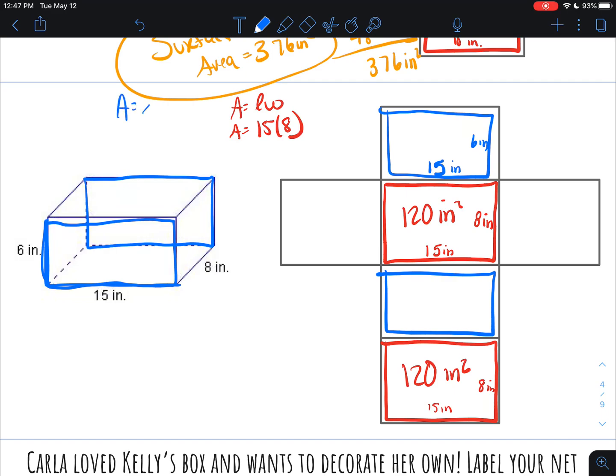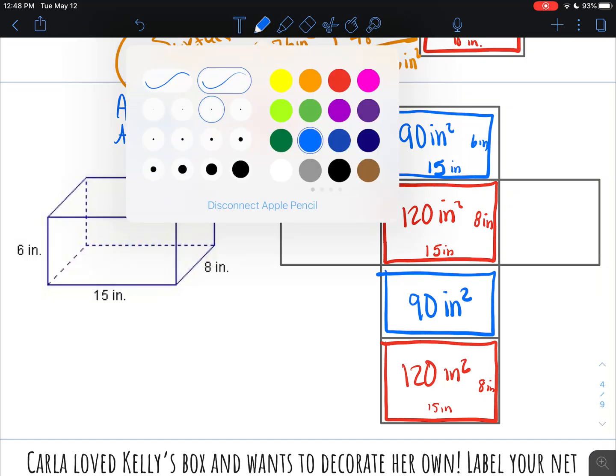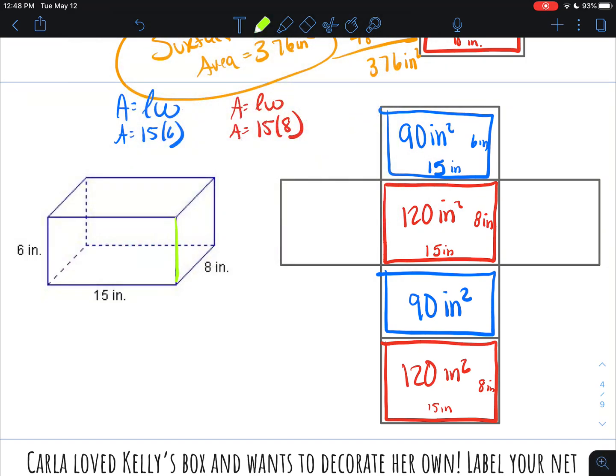So 15 times 6, because area is length times width, area is 15 times 6. 15 times 6 is 90. So these are 90 square inches. And the last two to figure out are going to be our sides, which are green.